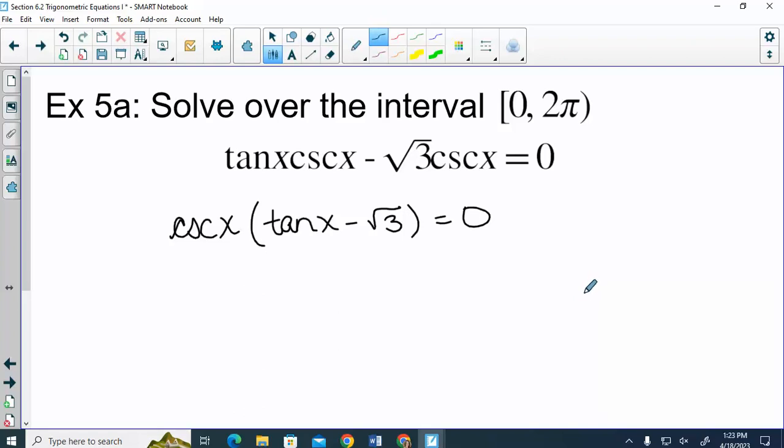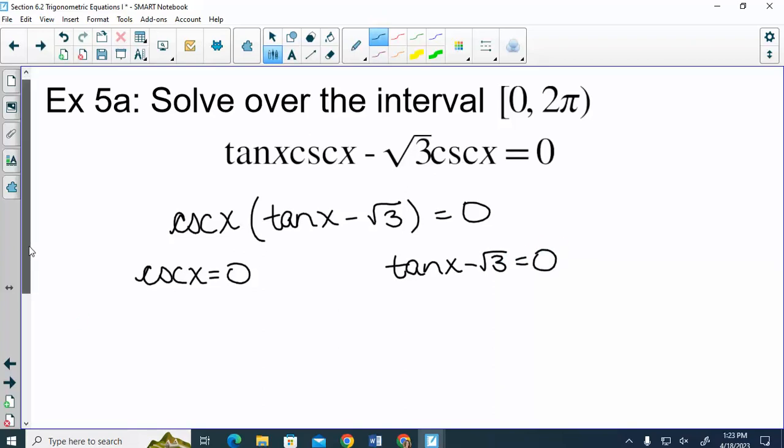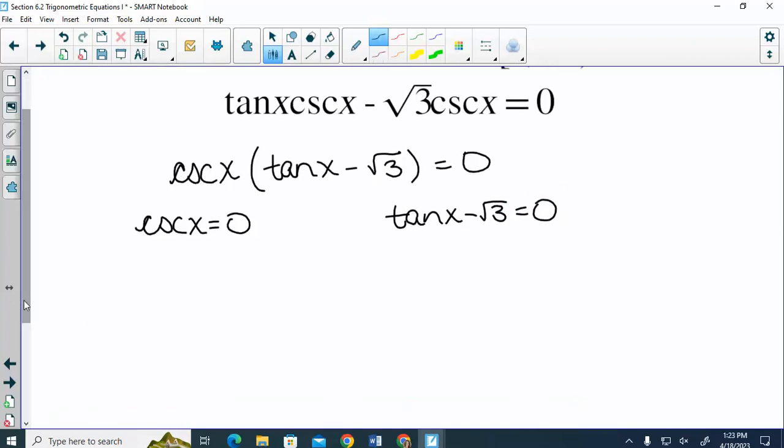Now what would we do? Okay. Cosecant equals 0.